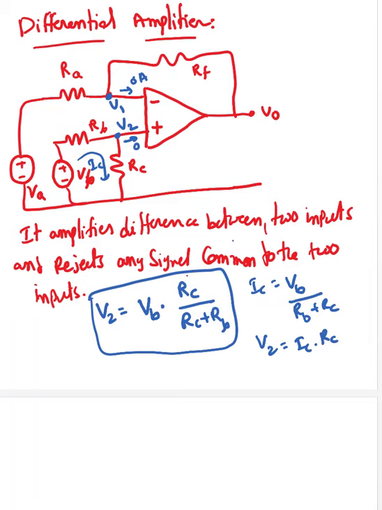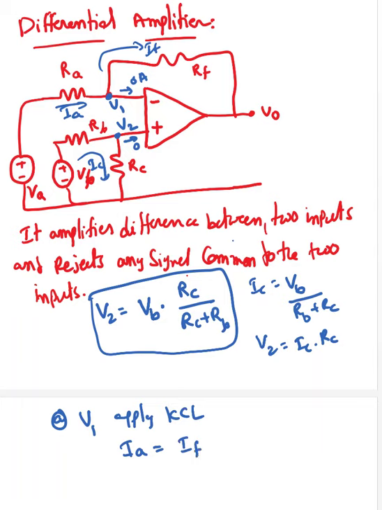Now I know V2 equals V1. At V1 apply KCL. Whatever current is coming here, I'm going to take that as IA, and I'm going to take this current as IF, the feedback current. So IA equals IF.